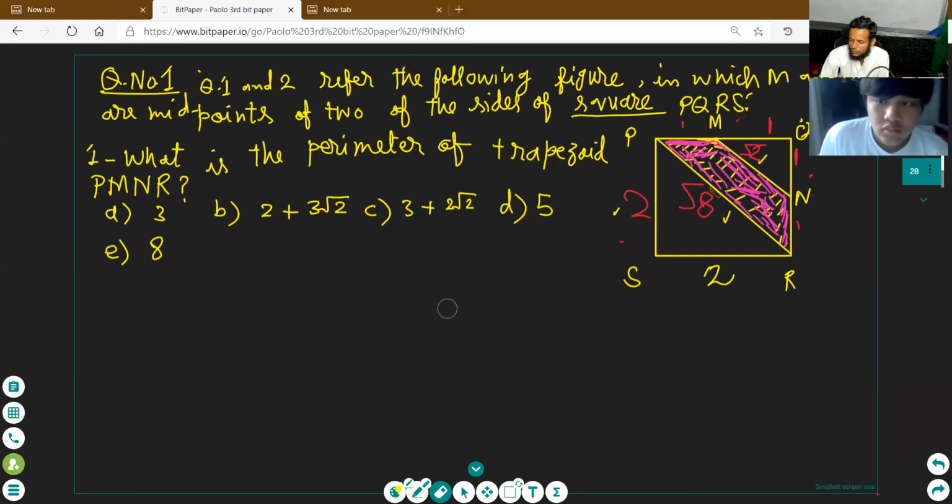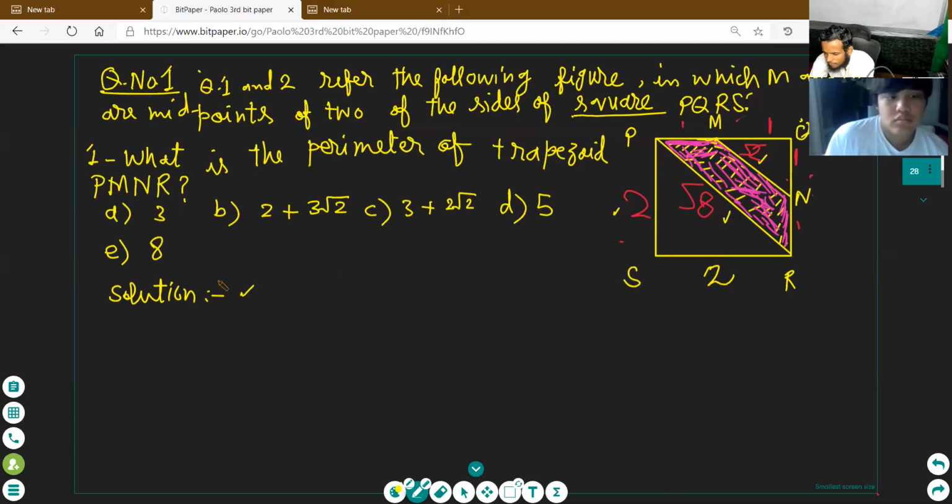Write the perimeter. P is equal to, write the solution. We need the perimeter, so we add all sides together.